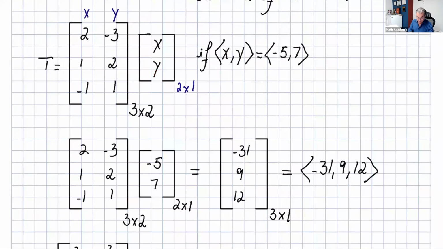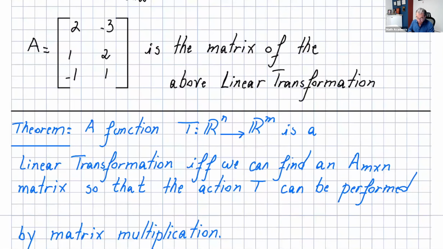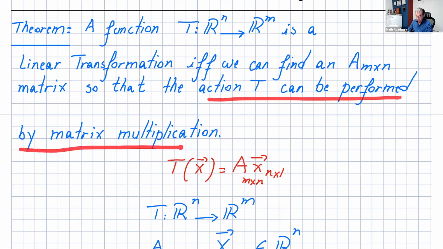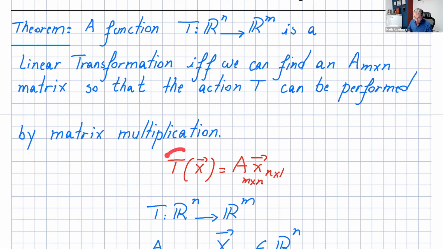It's this theorem. A function T from Rn to Rm is a linear transformation if and only if we can find an m by n matrix so that the action of T can be performed by matrix multiplication. This is the notation: the transformation is the matrix A times x.